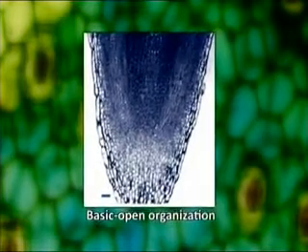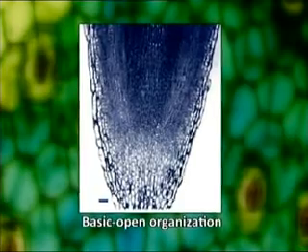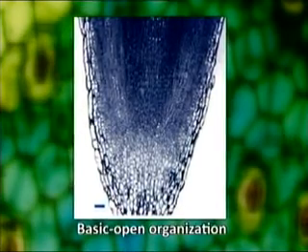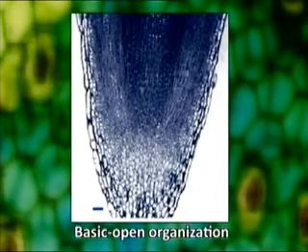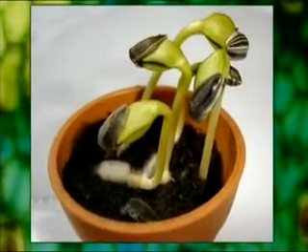In this type, the identity of cell files cannot be clonally predicted, and instead a zone of seemingly disorganized initials replaces a zone of distinct initials, for example in pea. The specific organization of the plant RAM is established early, that is the first day after germination. However, some species exhibit RAMs that can change from closed to open configuration and vice versa as the root grows.